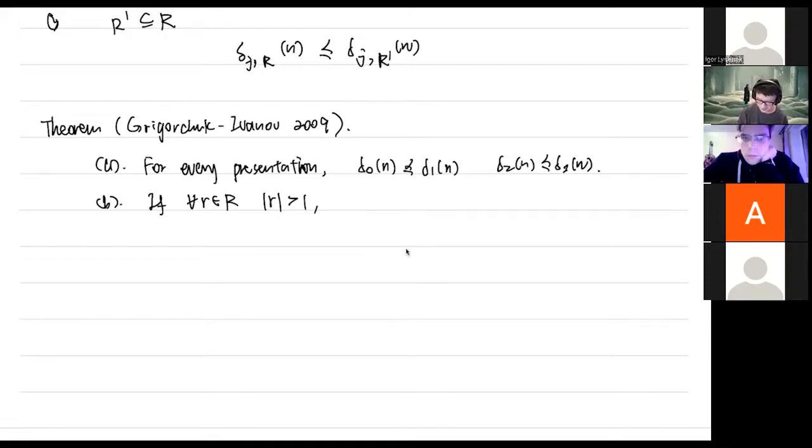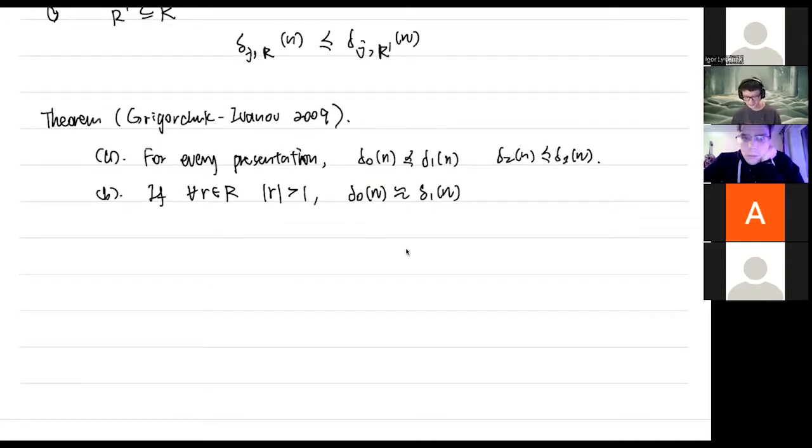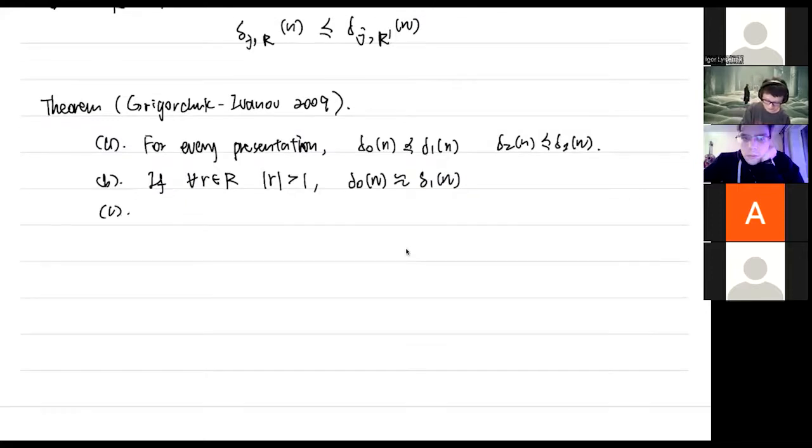So if you don't have any redundant relators, then the Dehn zero function is equivalent to the Dehn one function. So in a sense they are indistinguishable. So we mostly will just talk about the Dehn one function in this talk.